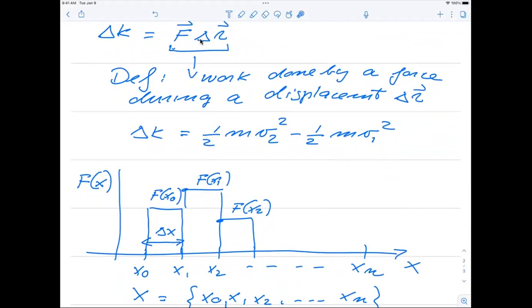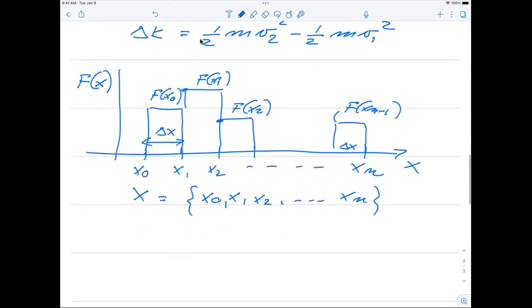So when we make delta x smaller and smaller, we will replace this summation of all the small delta x's with an integral. So this continues all the way to the final point here. So let me just write that one. So this will be a delta x again as a base, and then we have an f of x n minus 1 here. Now, if you look closer here, we could think of the difference in energies.